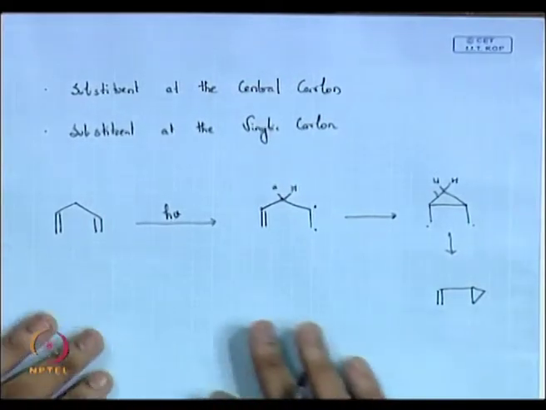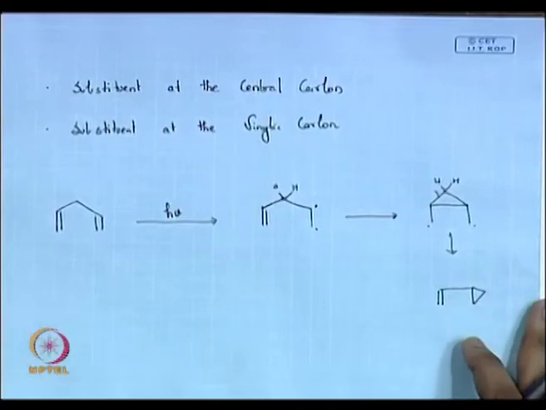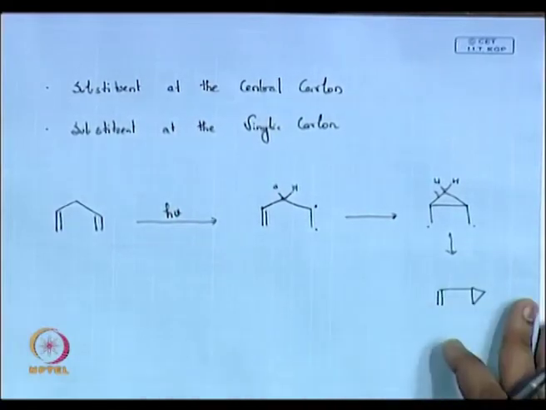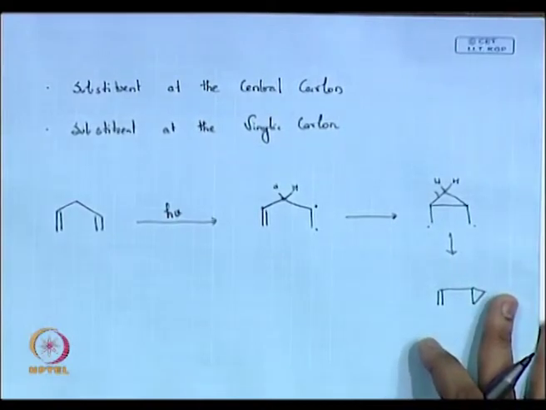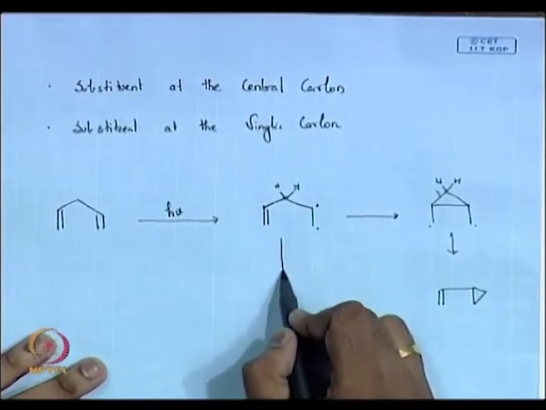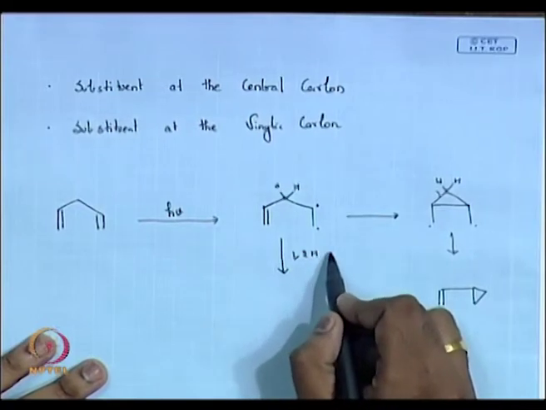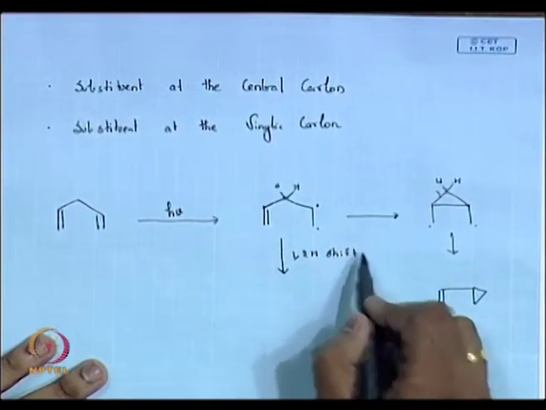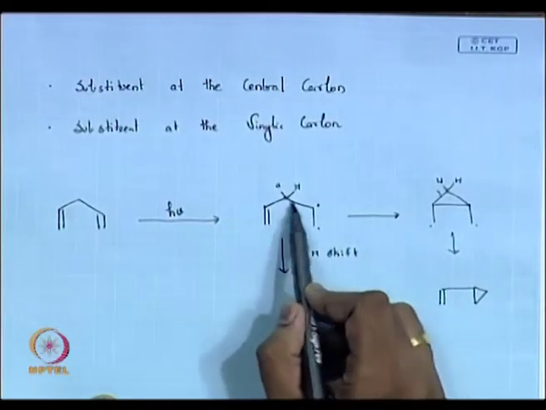But if you do a thorough investigation of this reaction, it does not go via di-pi-methane rearrangement. You do not get this 1,4-diradical. Instead, you get a 1,2-hydrogen shift nicely.